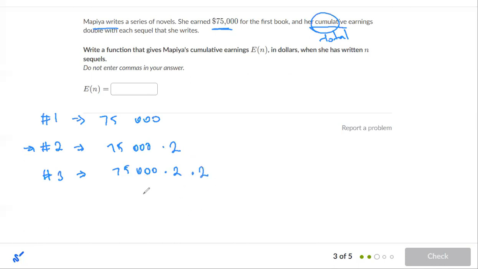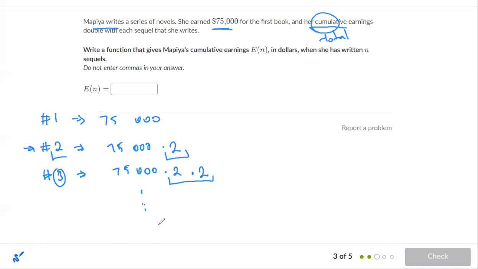So you see what's going on. If you just continue this way, after the third book you have just two 2s. After the second book, you have just one 2 that you multiply with. So if you are having n books, you are going to have one less than n, which is n minus 1 2s.